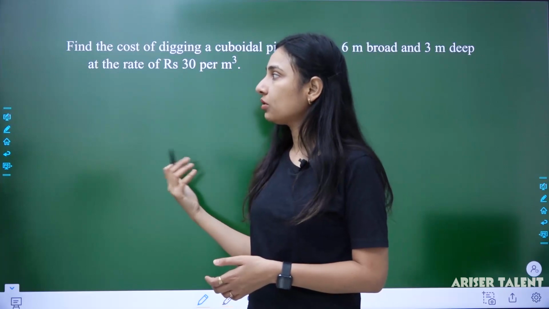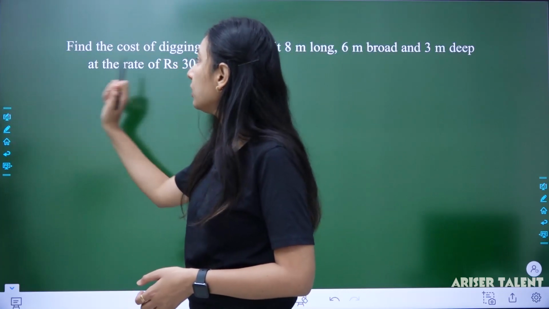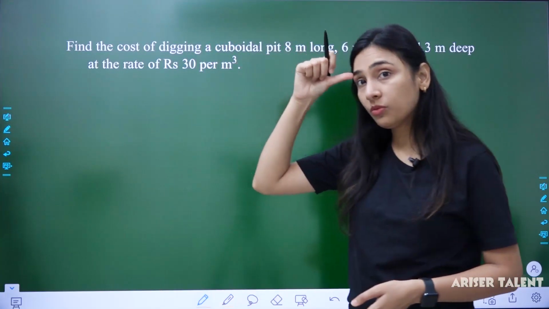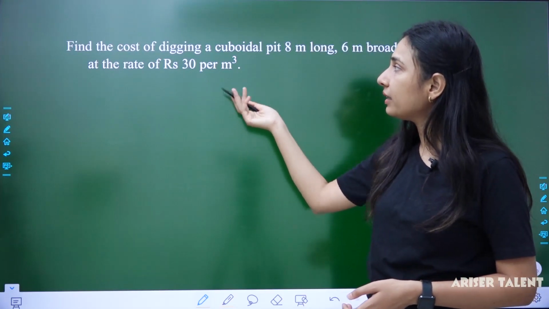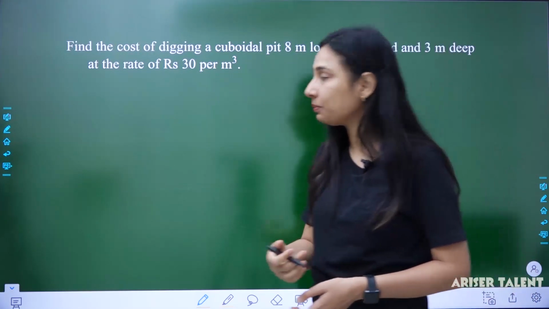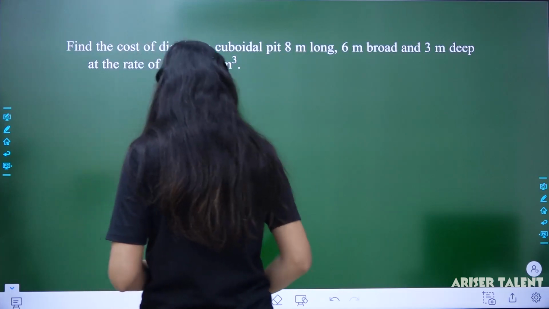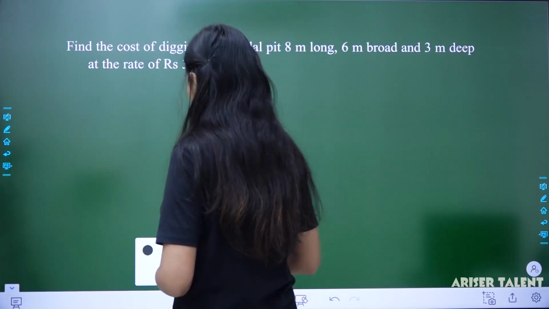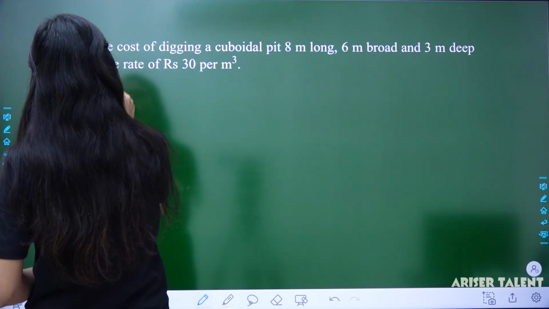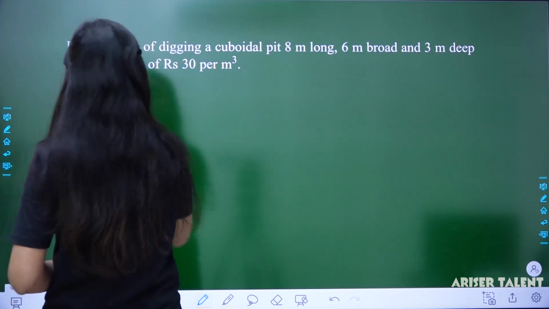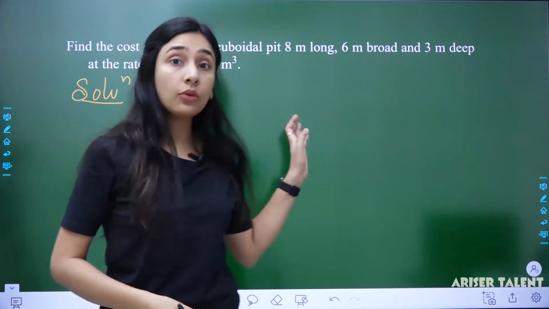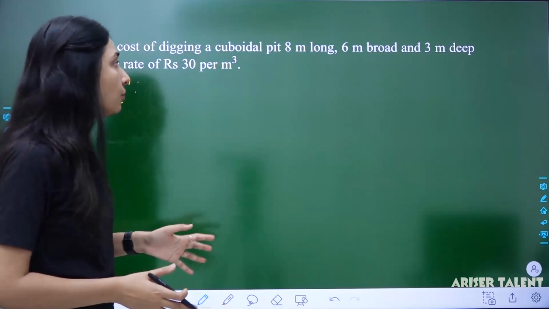So this is based on the same thing. We have to find out the volume of it, and then we'll be multiplying it by 30. That is simple. Believe me, it's very easy. The people that are not very literate are doing that, so it's very easy for you guys.